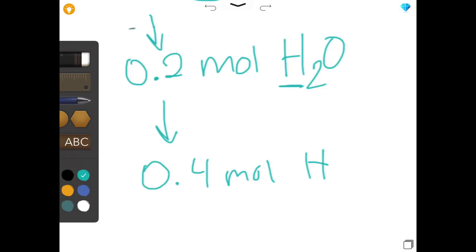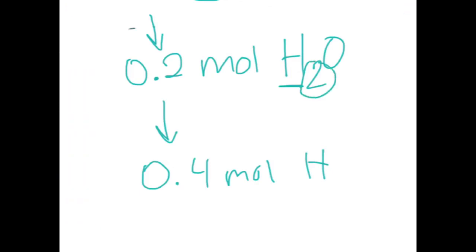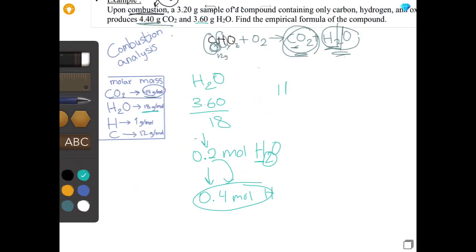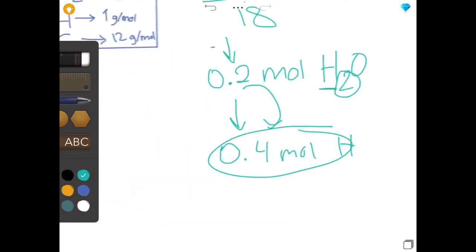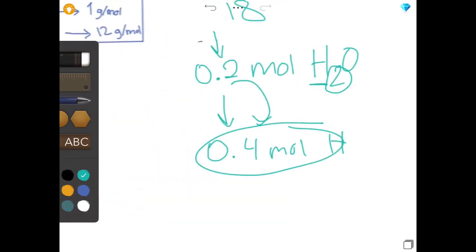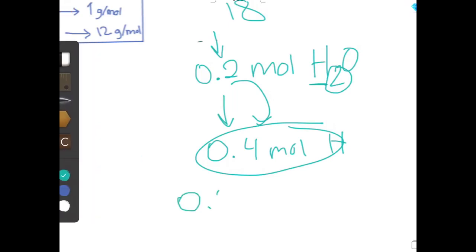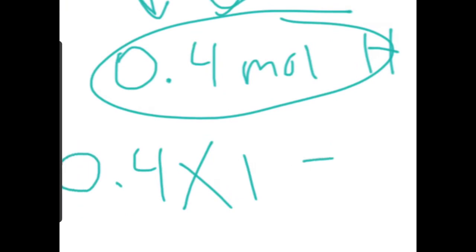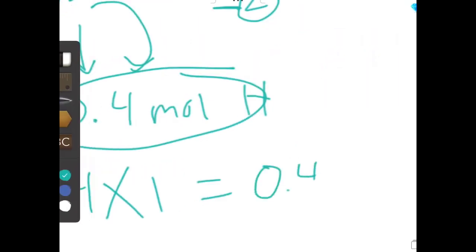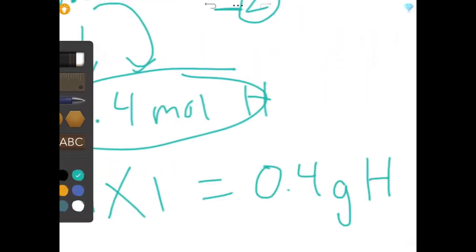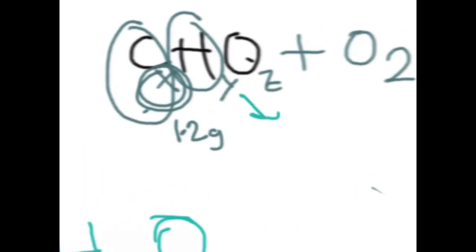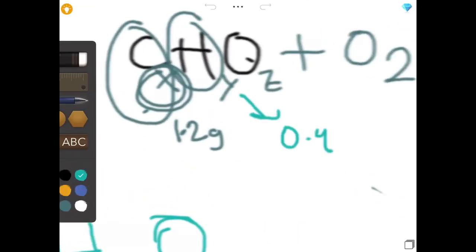So there are 2 hydrogens here, so we double, and there is 0.4 mole of hydrogen. Then you return it to gram again. So 0.4 multiplied by the molar mass of hydrogen, which is 1, is 0.4 gram of hydrogen. So now we found the hydrogen, it's 0.4.